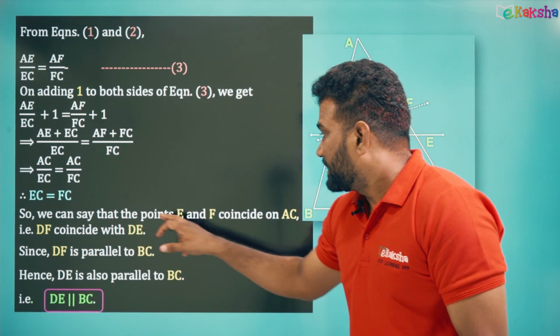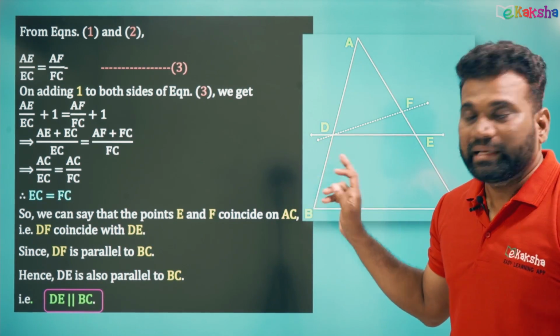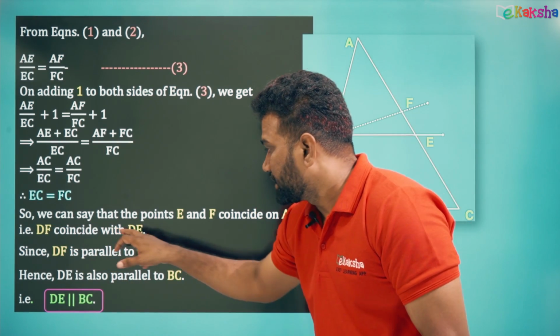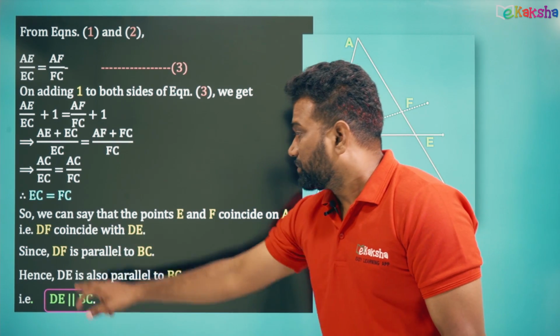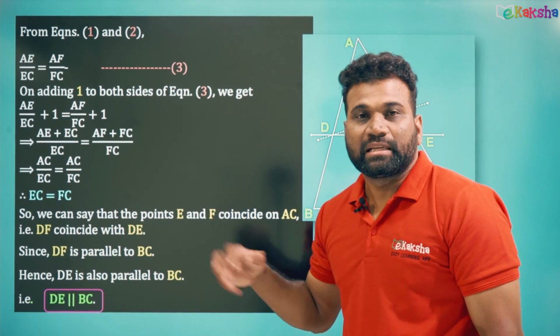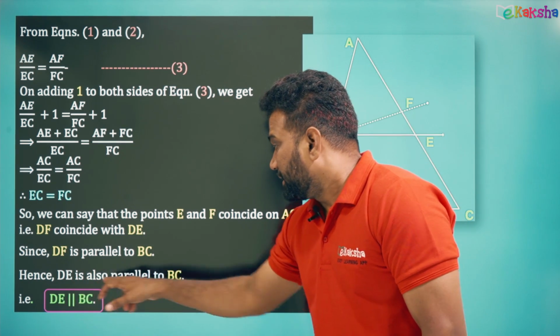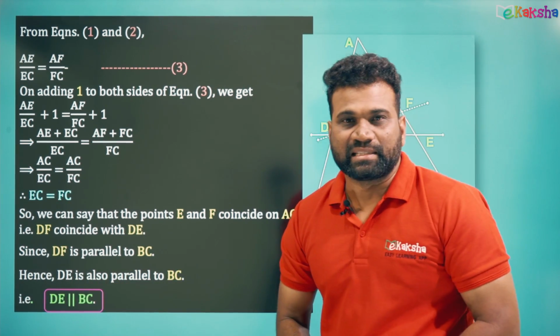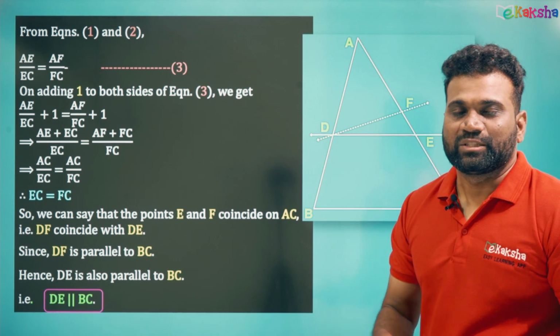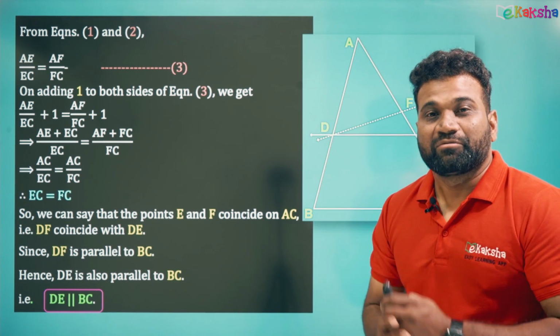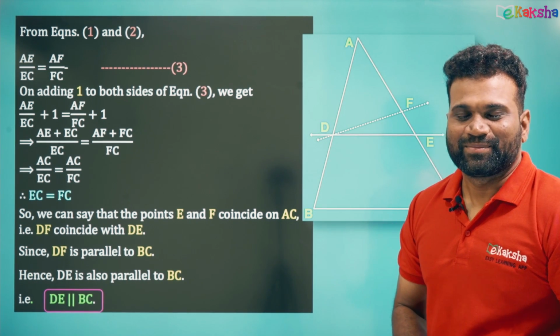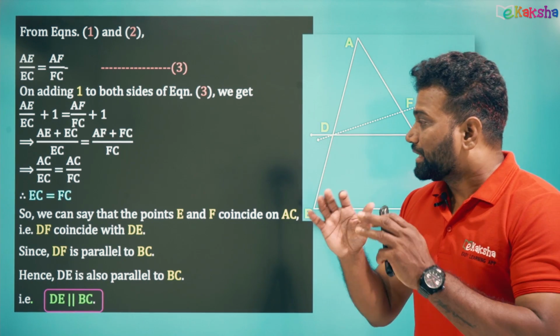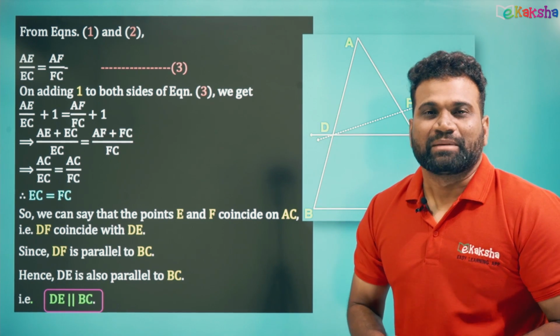Which means the points E and F coincide on AC, then DF coincides with DE. We already know DF is parallel to BC, so DE is also parallel to BC. Finally we have DE parallel to BC, hence it is proved. This is exactly the converse of basic proportionality theorem. Clear? Now by using this result, let's solve some example questions.